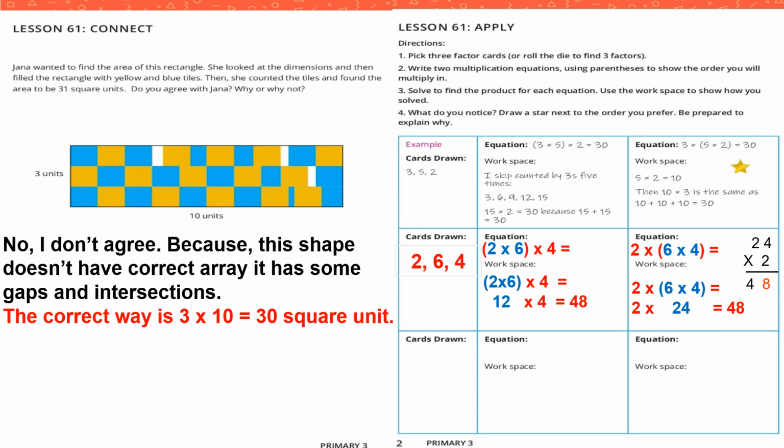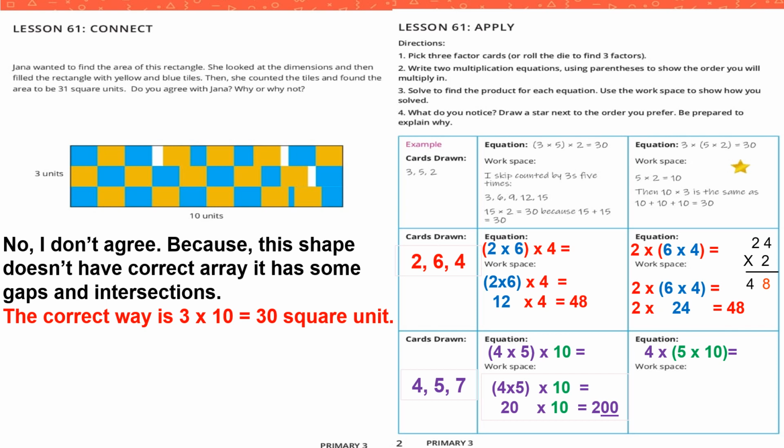Okay? The second card, 4, 5, and 7. Let's apply the associative property. 4 times 5 between 2 brackets times 10. And the second way will be 5 and 10 between 2 brackets, then multiply 4. 4 times 5, 20. 20 times 10.